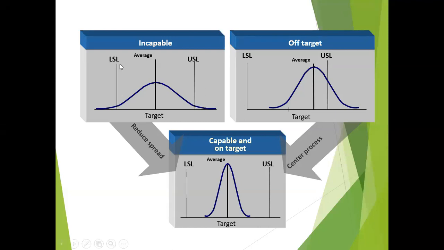The first one, your LSL is here, your USL is here, and this is the average. Now you have this particular area which is going below the LSL, and this particular area above the USL. That means the process is not capable. We have this many defective areas.